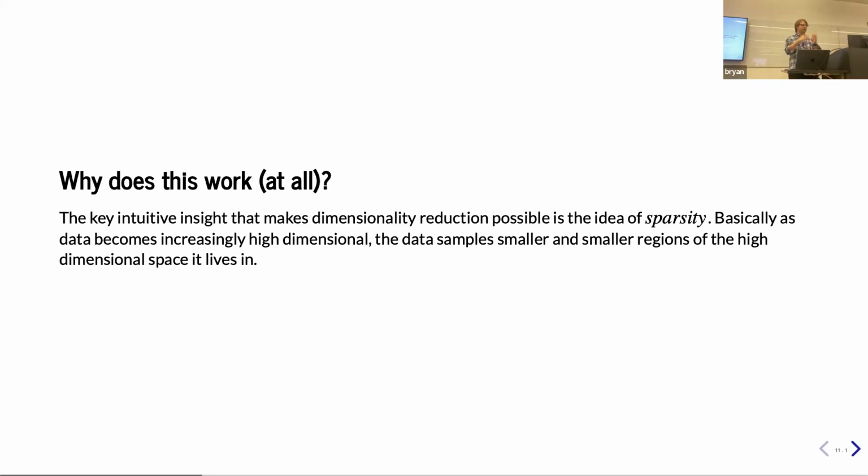The idea is that volumes grow in unintuitive ways as you go to higher and higher dimensions, and so data is sampling a smaller and smaller part of parameter space. When you go to really high dimensions, there are always dimensions that matter more. So even for problems that live in these higher dimensions, you can eliminate some of those dimensions simply because the data isn't living in the full, say, 28-dimensional space. It's living in certain directions in that 28-dimensional space.